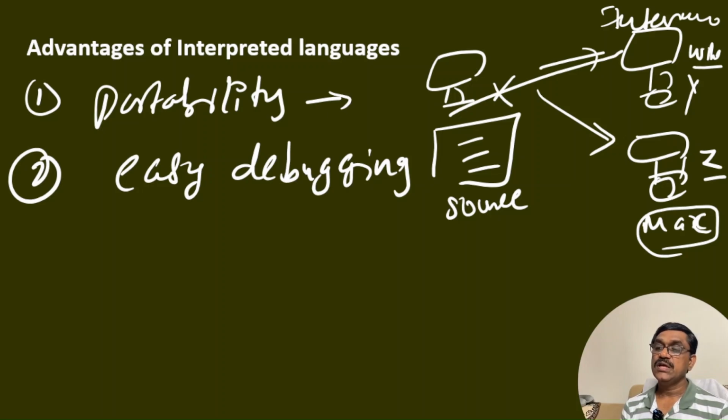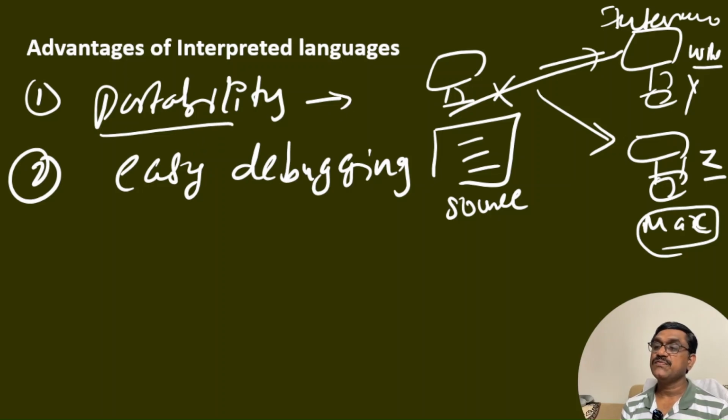Why? Because here we are not creating any executable code. Directly we are copying the source code from the source machine to other machines, and with the help of the interpreters, at runtime the source code is executed at Y and Z. This is what I mean by portability.